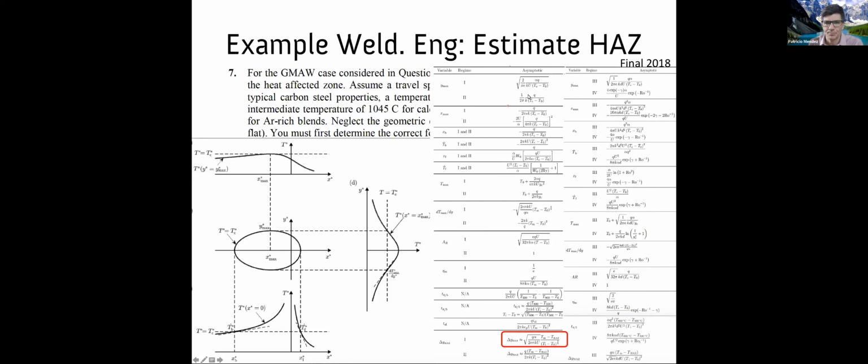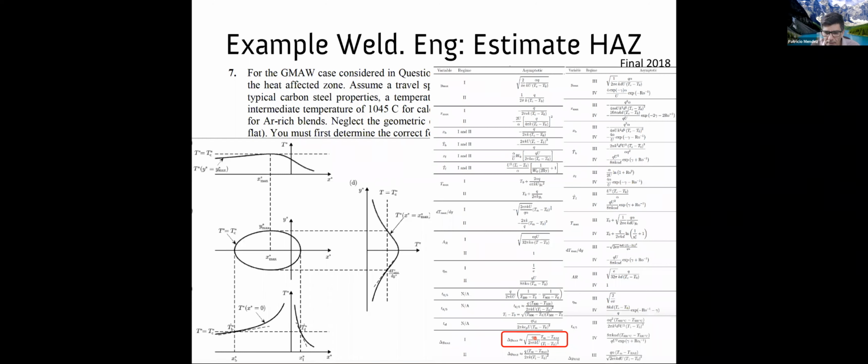And the question was the thickness of the heat affected zone. And for that, we have a formula, right? The delta Y, that means the thickness between melting and A1, right? And here we have, look, we have Q, which we just discussed.